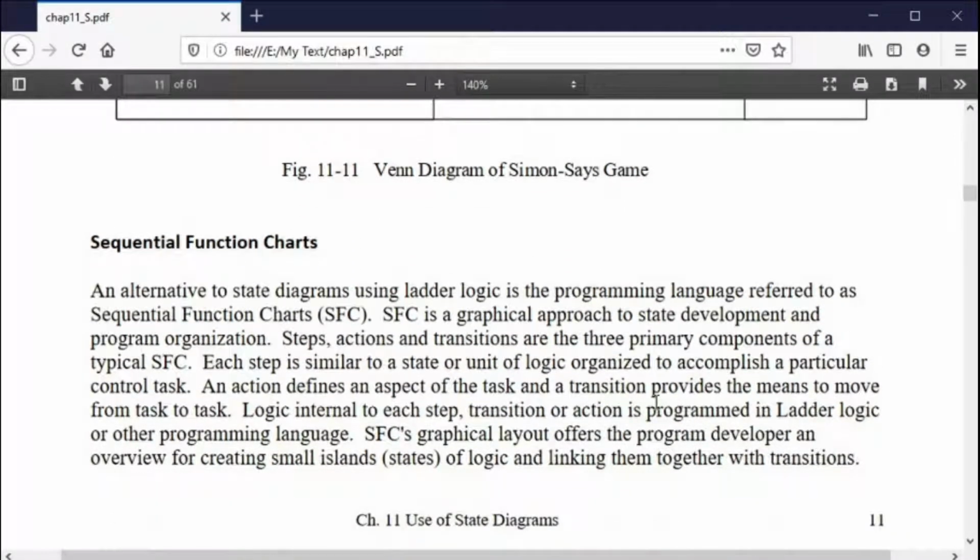Now there is a language that is called sequential function diagrams or sequential function charts, and sometimes is called SFC. It's a graphical approach to state development, and I do want to talk about it, but I do not want to encourage you to use sequential function charts because they have their limitations.